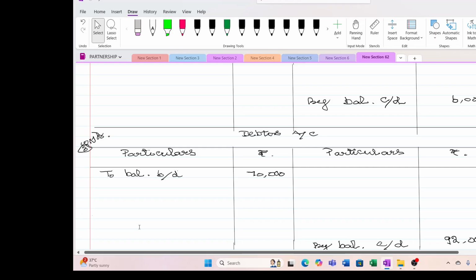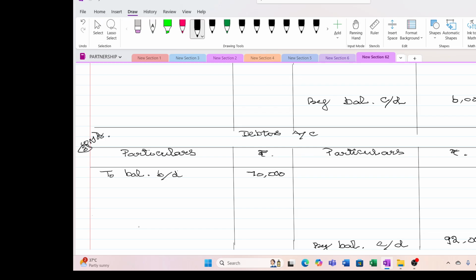In your debtor account, you have to write both: first the check was received. So I am writing it by bank account. He has made a payment of 5,700, but this check got dishonored, so it will appear on the debit side also, to bank account.